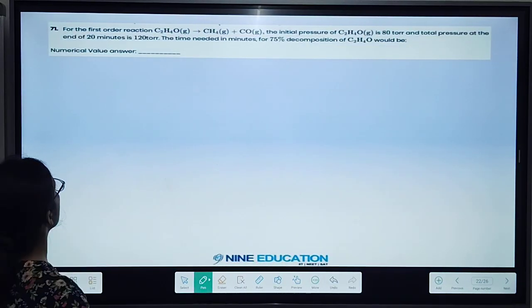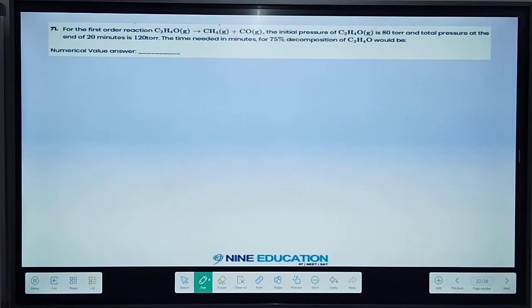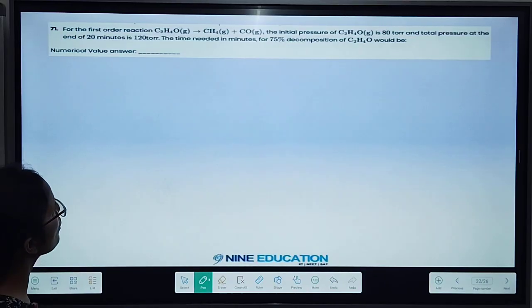Next, we have question number 71. For the first order reaction C2H4O giving CH4 gaseous plus CO, the initial pressure of C2H4O is 80 torr and the total pressure at the end of 20 minutes is 120 torr.